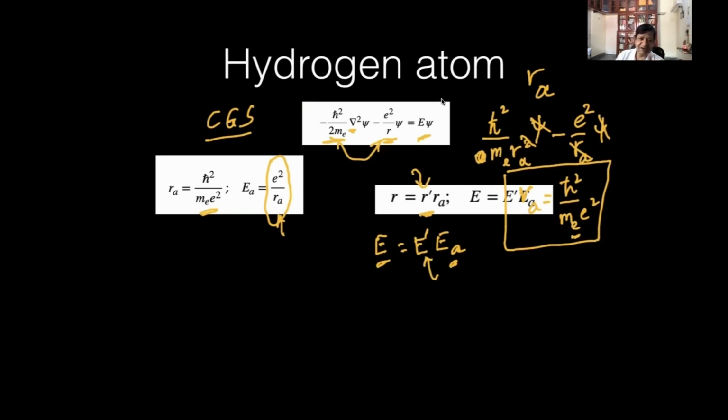So now we need to rewrite the equation. We found the two scales, length scale and energy scale. Now I substitute here. So minus h bar squared by 2m, and the gradient is a Laplacian, so it is a second derivative. It is a division by length.